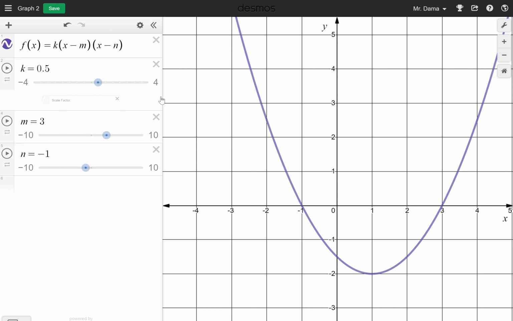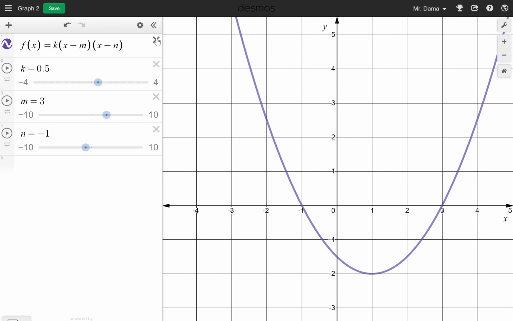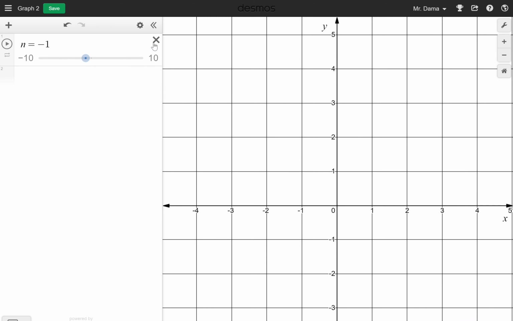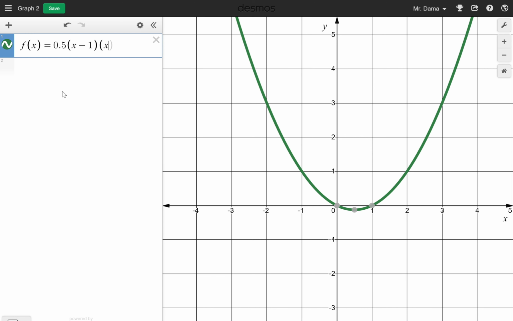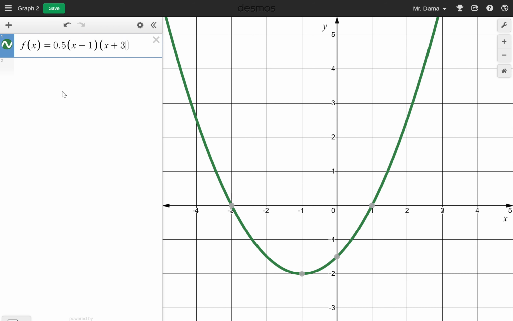Okay. Now I'm just going to write in a function for you. I'm going to say f of x equals 0.5 times (x minus 1) times (x plus 3). Okay, that's my function that I want.